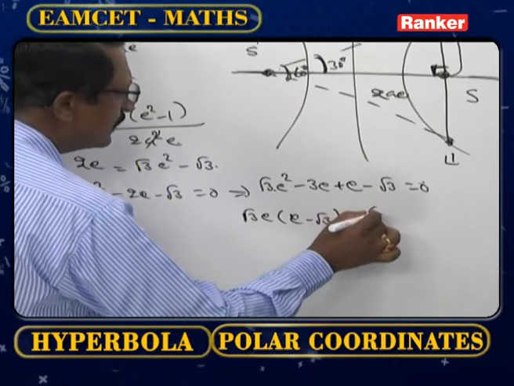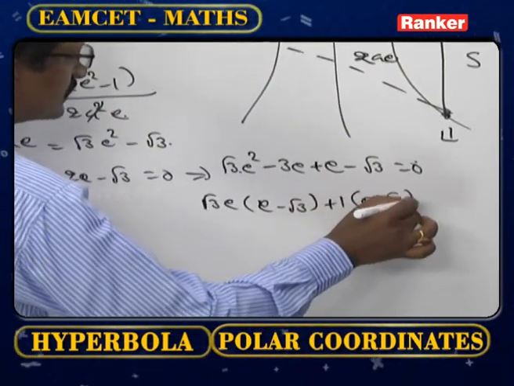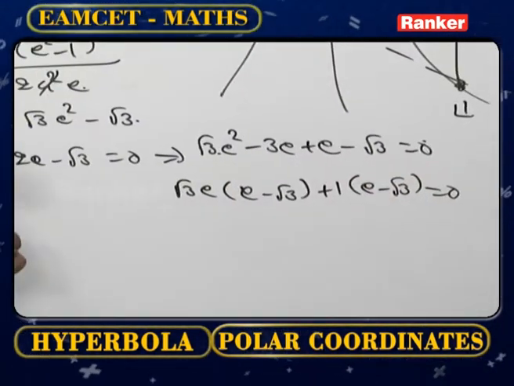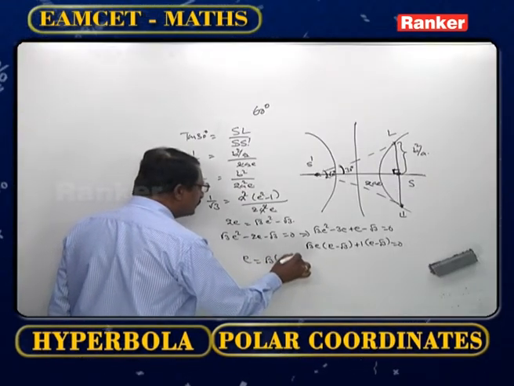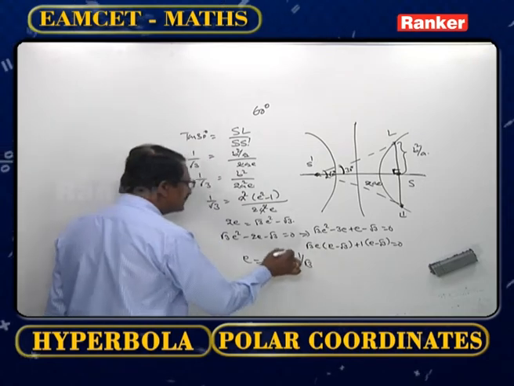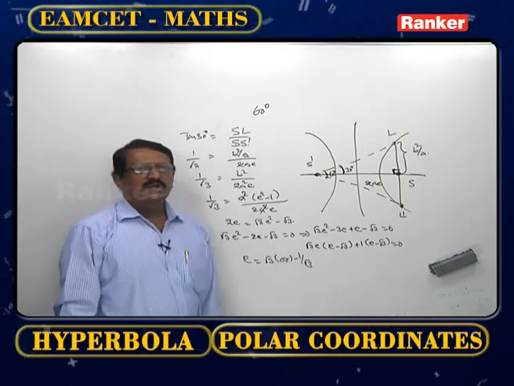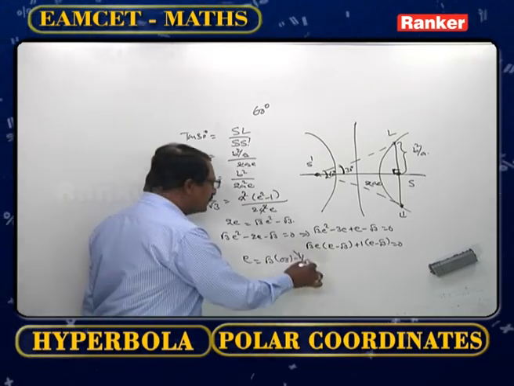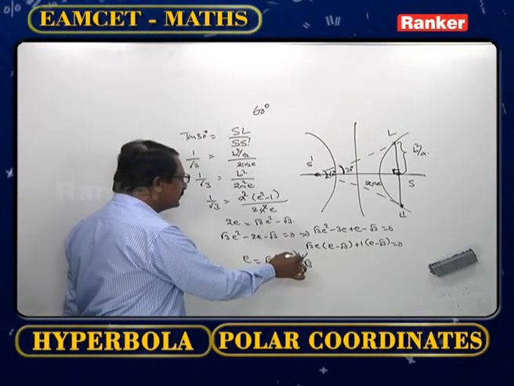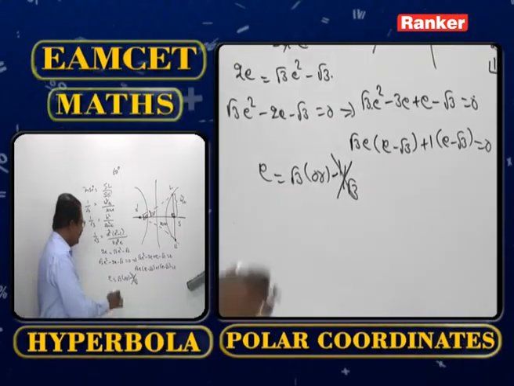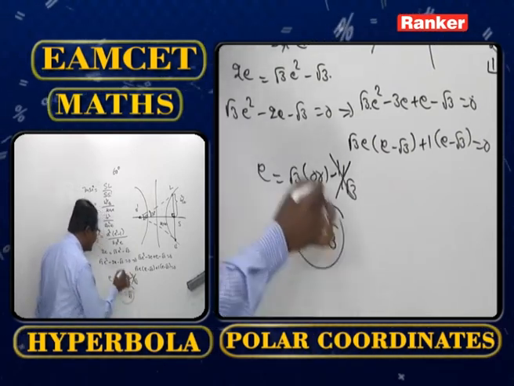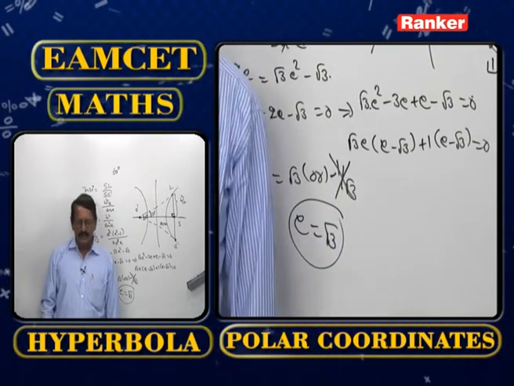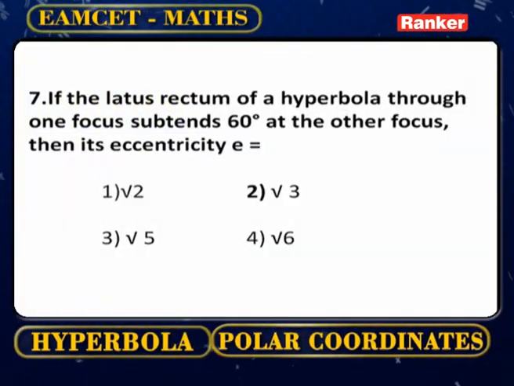Next plus 1 common, e minus root 3 equals 0. Now we get e equals root 3 or minus 1 by root 3. But eccentricity is a ratio, and a ratio is always positive, so minus 1 by root 3 is impossible. Then e equals root 3, the eccentricity of the given hyperbola. Then the second option is correct.